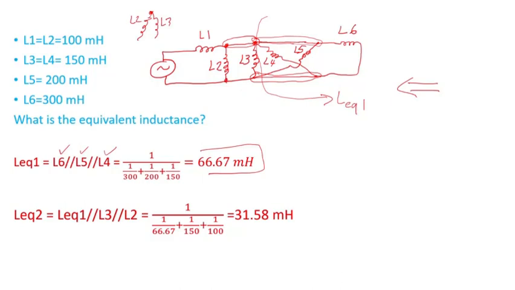Then this point and this point are the same basically. So then it's just one point here, and basically they're in parallel. So that's how I know they're in parallel.